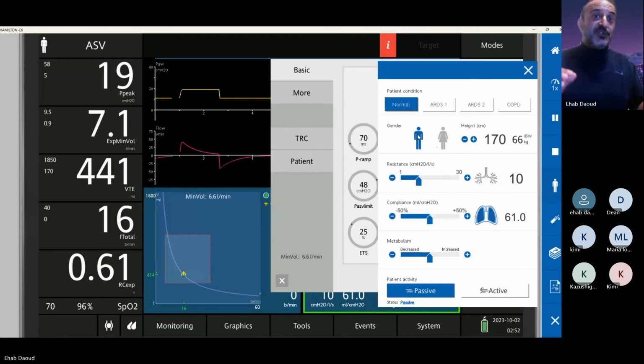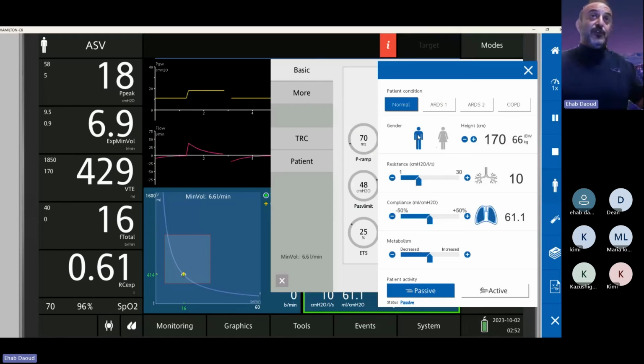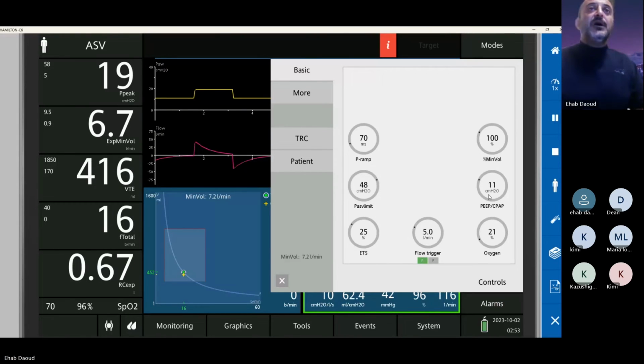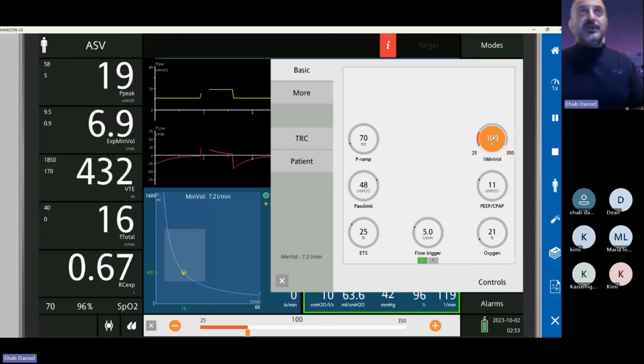Then when I looked, it was actually set as a male, very, very tall. So the ventilator thought, oh, I need to give him high tidal volume. So we have here gender, either male or female, and we can adjust the height plus or minus. And according to this, the ventilator calculates the ideal body weight. So this is very important. Please don't forget it.